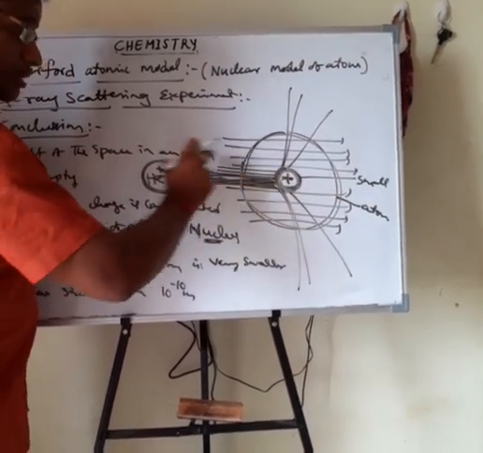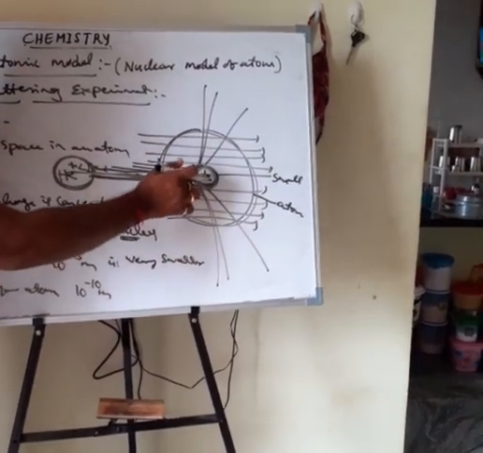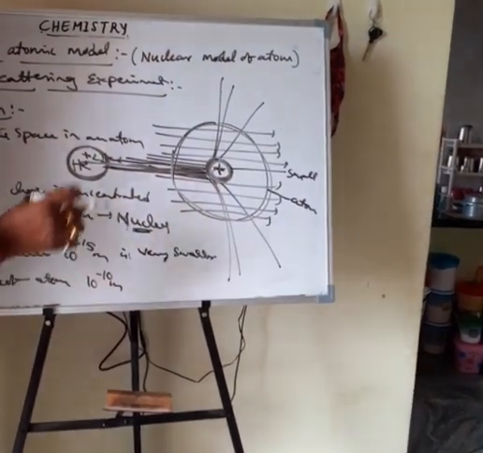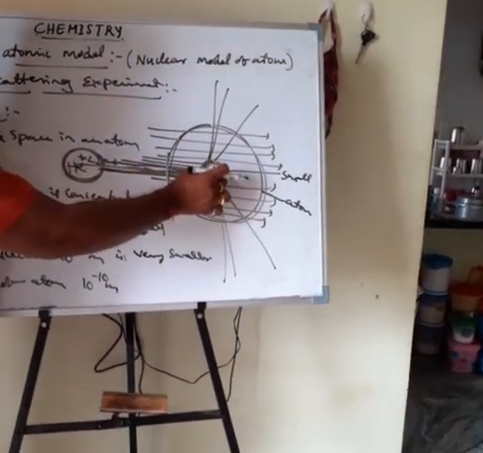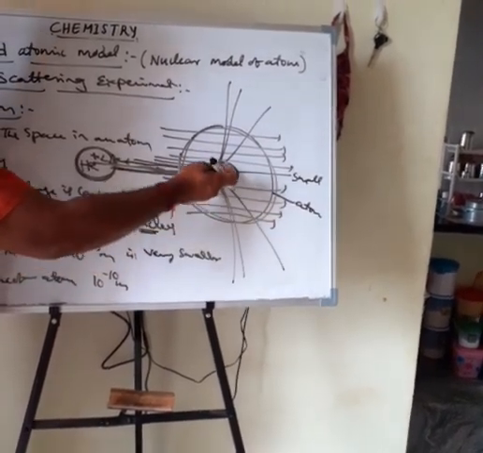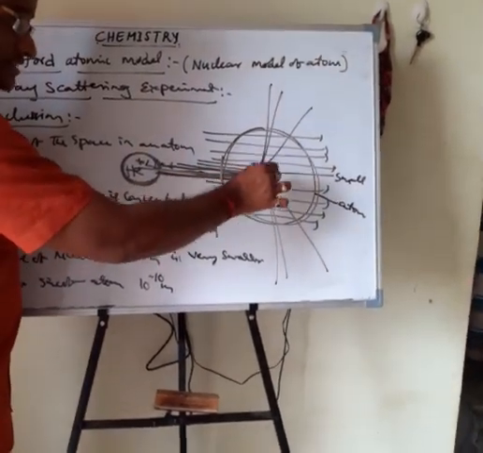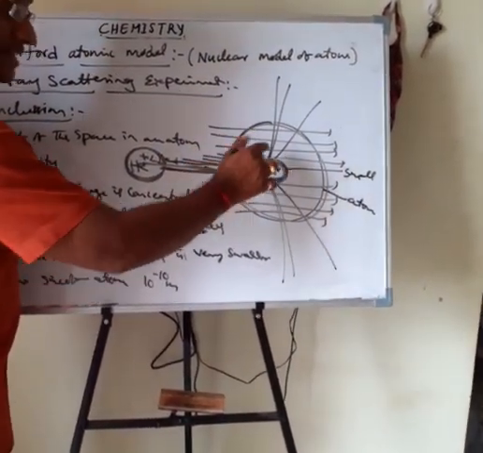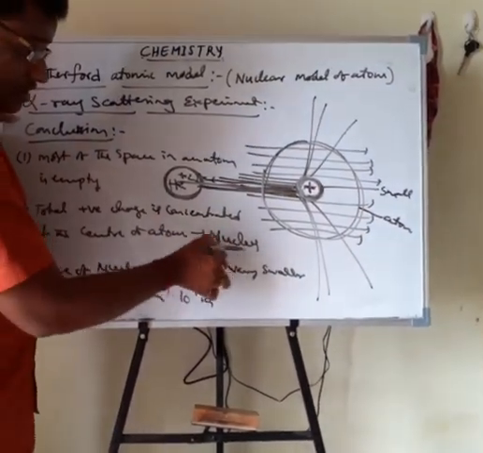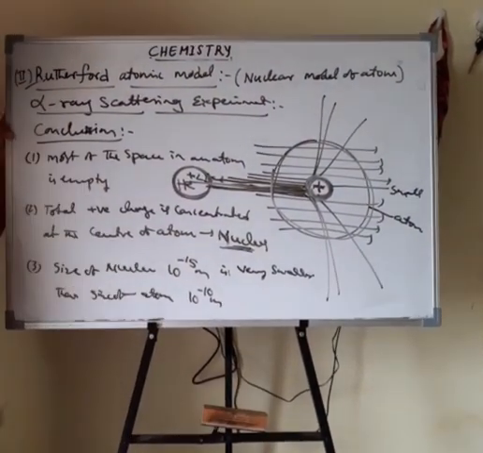Due to positive repulsion, some particles are deflected by a small angle and very few are bounced back by 180 degrees. This means the total positive charge is concentrated in a small region at the center of the atom, which is the nucleus. The nucleus was first discovered by the scientist Rutherford. That is the second conclusion.